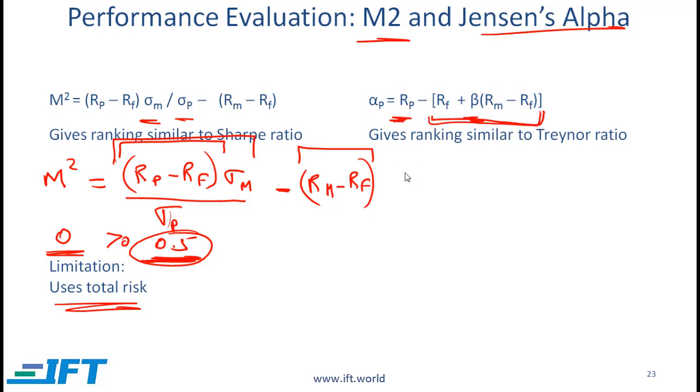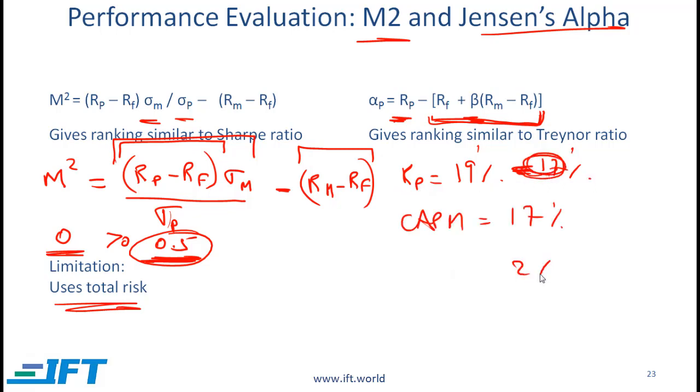If you have a given portfolio where the return on the portfolio is equal to 19% and the number predicted by CAPM is 17%, then Jensen's alpha is 2%. And that indicates that the manager is adding value because at a particular level of risk, he is doing well. The Jensen's alpha will give a ranking which is similar to Treynor ratio because both Jensen's alpha and Treynor ratio use systematic risk.